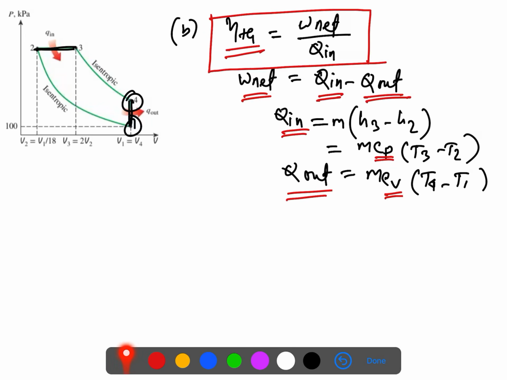Look carefully: in the heat in process, the pressure is not changing, that's why it is constant pressure. But here the volume is not changing, the volume is constant. So this is Cv. I believe you understand. So now let's calculate. At first we don't know the mass, so calculate the mass first. We can calculate the mass by using this formula.